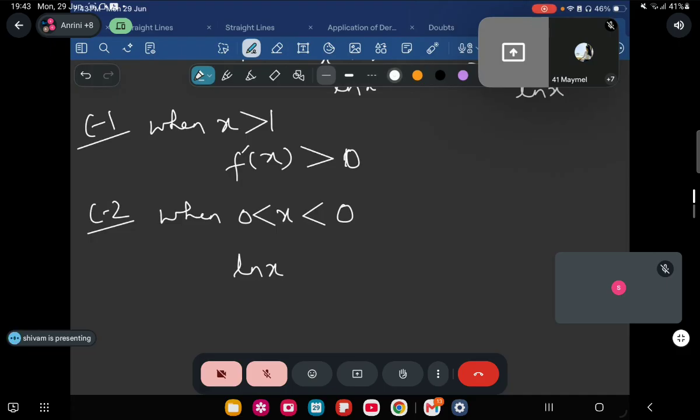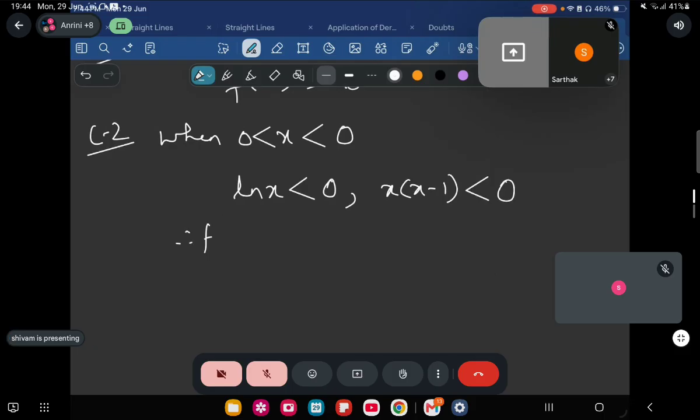When x lies between 0 and 1, ln x is negative. And x square minus x, that is x into x minus 1, positive or negative? Between 0 and 1, negative. Negative by negative will become positive, right? F dash x is actually negative by negative, this will become positive, right? Therefore, f is increasing.